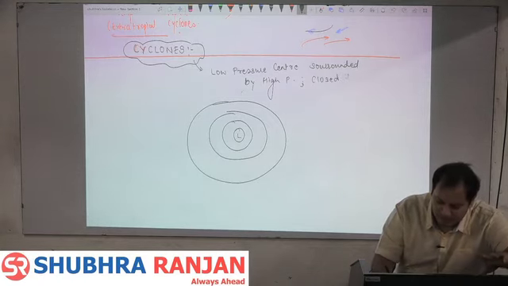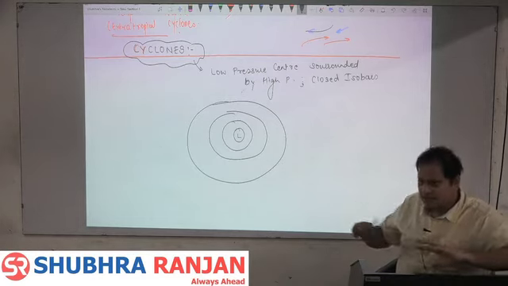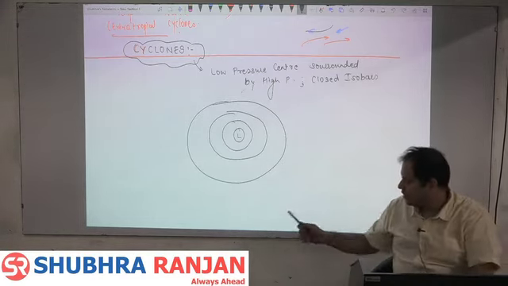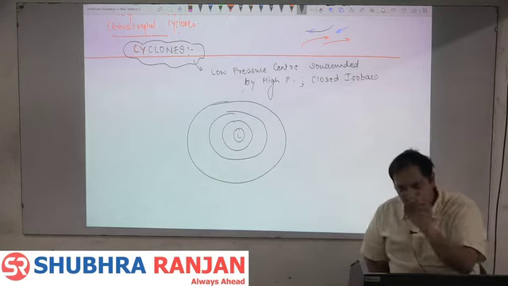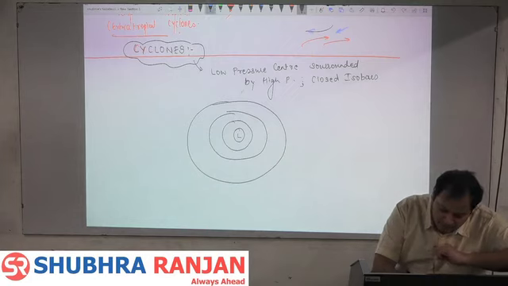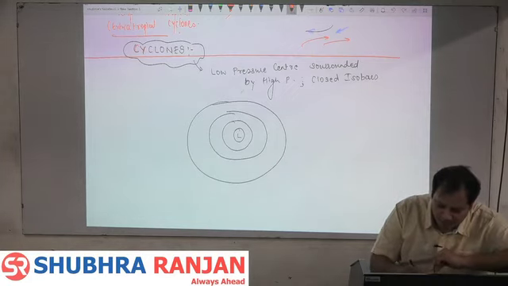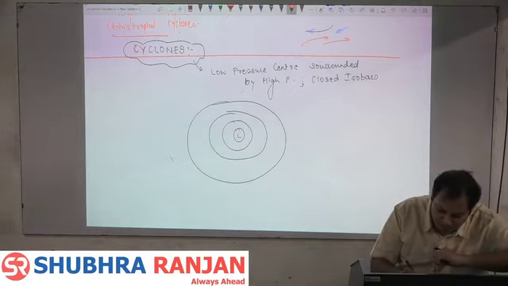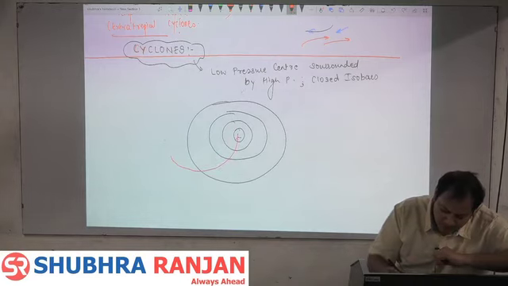Keywords ही बताऊंगा आज मैं. What are the closed isobars? Closed isobars, how they are closed. Fine. So low pressure center surrounded by closed isobars with the increasing pressure outwards. Key, the winds which come from the high pressure to the low pressure, they flow in such a manner that you already have seen.